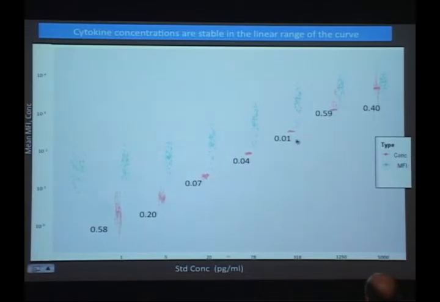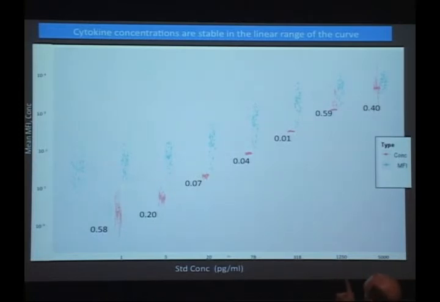If the values are around this range, you're okay. But if the values are here, they won't be estimated very well. There will be a lot of variability. So that was the limitation for standard curves: it does very well at the linear range, but on the higher and the lower ends, there is a lot of noise.